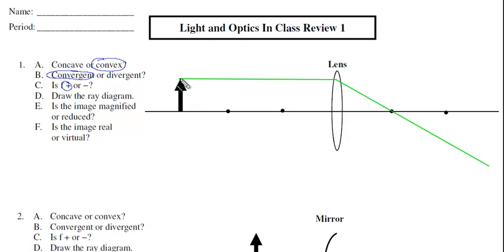For the second ray, we start at the top of that thing again. Okay, now that we're back, so for the second ray, we start at the top of the object and we go through the absolute center of the lens. So when I say absolute center, I mean not only horizontally but the middle vertically as well.